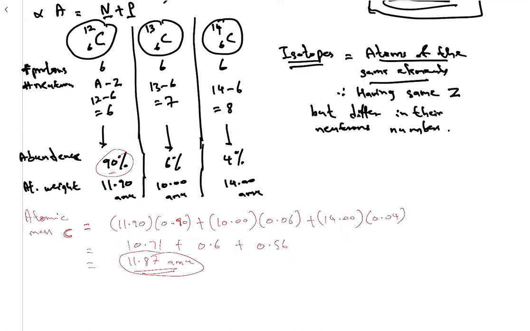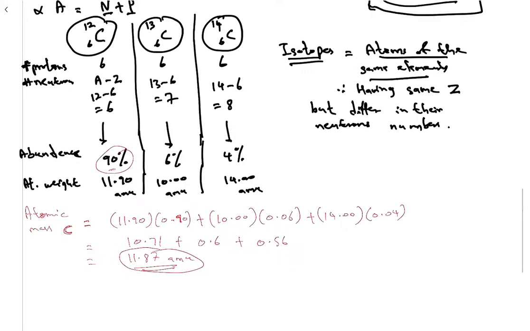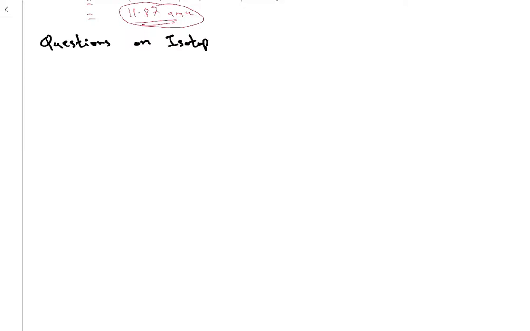Okay. In the exam, questions can be asked on isotopes in various ways. So let me write down here questions on isotopes. So one, of course, is you need to know the definition.